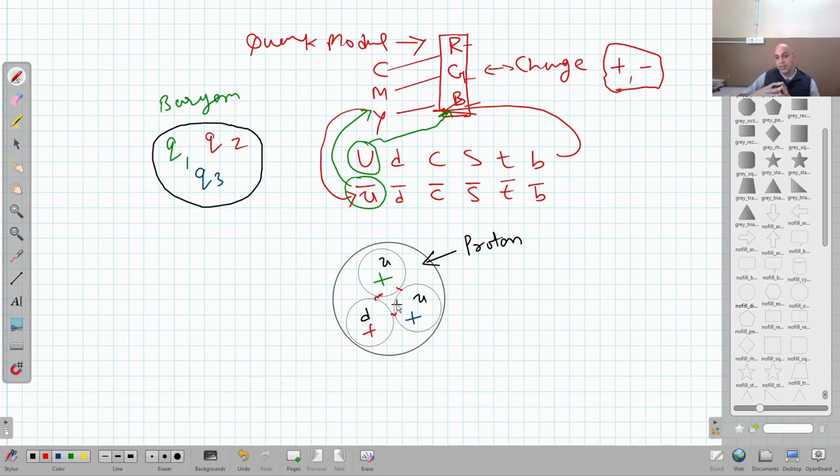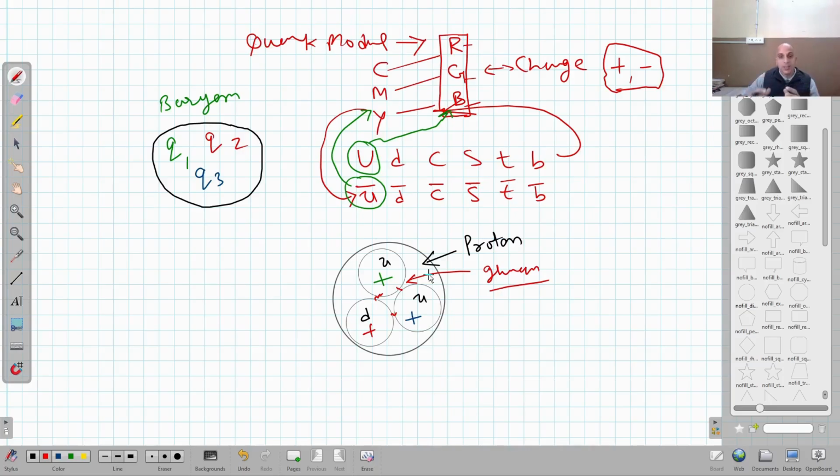And during this process, the particle that is exchanged between quarks is known as a gluon. Gluon is the quantum of the force that exists between the quarks, right?